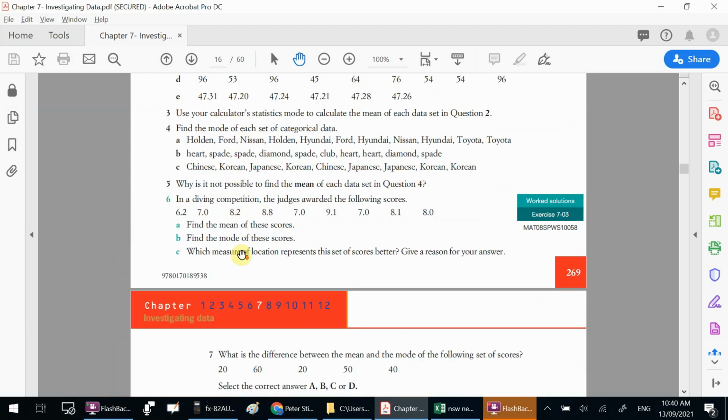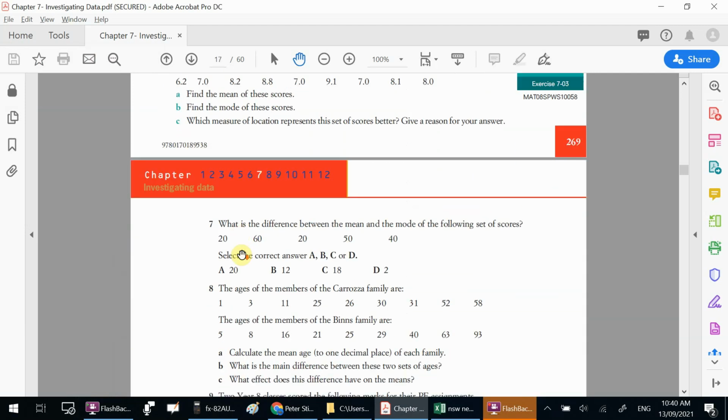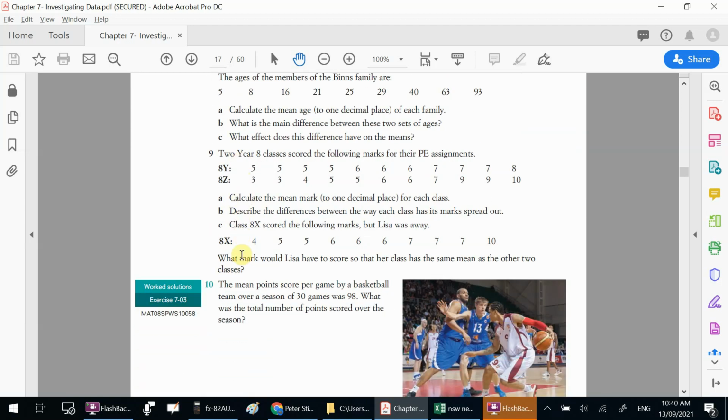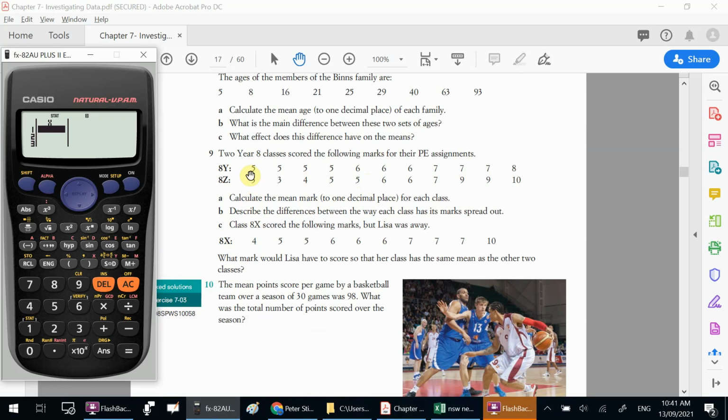For the other ones I'll put up on the Google Classroom, but I want to focus on question 9 for a sec, just to give you another aspect to it all. Two year 8 classes scored the following marks in their PE assignments. I'm going to do one very quickly.